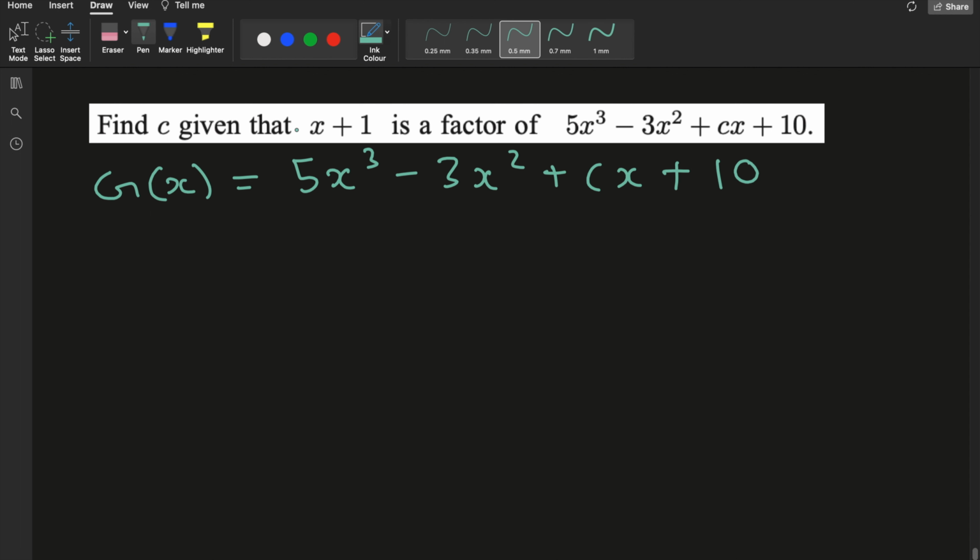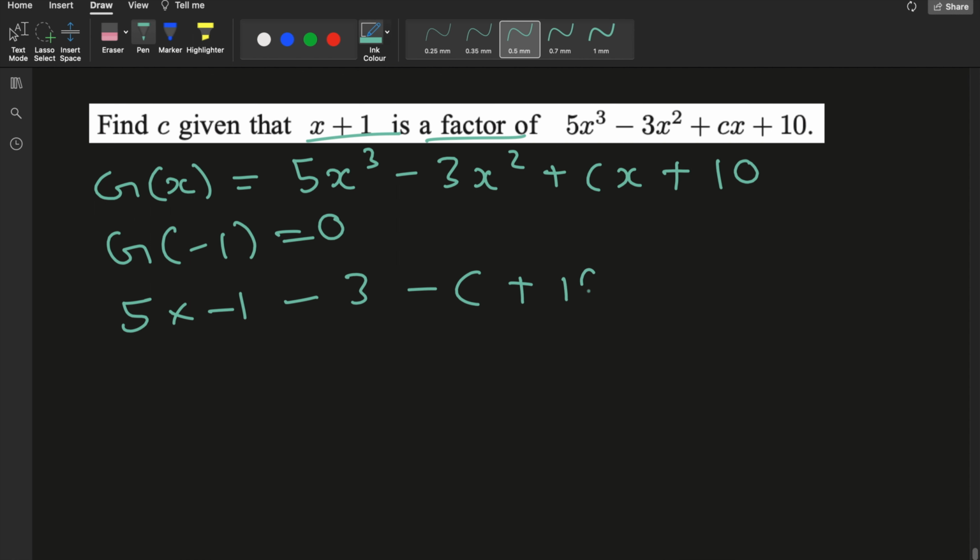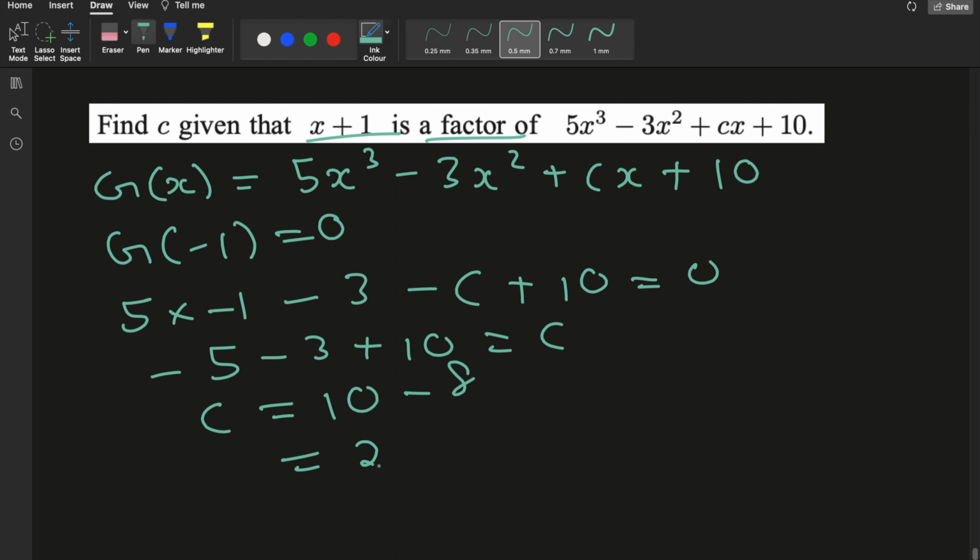So it's given that this is a factor. So g of minus 1 equals 0. So 5 into negative 1, negative 3, negative c plus 10 equals 0. So negative 5, negative 3 plus 10 equals c. So c equals 10 minus 8, which is 2.